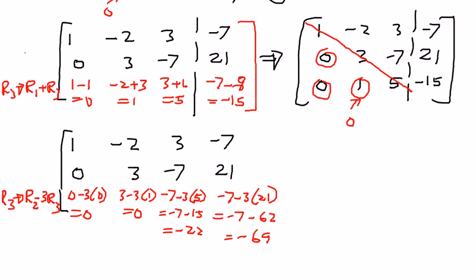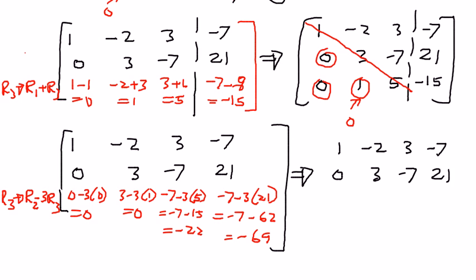So this is what we got, and if I were to write it in a clean manner, this is going to be 1, -2, 3, -7; then 0, 3, -7, 21; and then 0, 0, -22, and -69, like that.